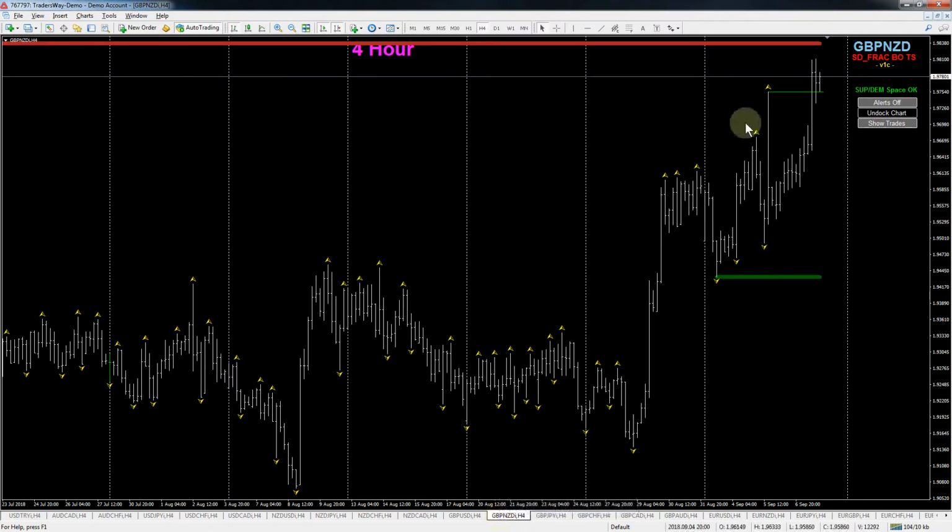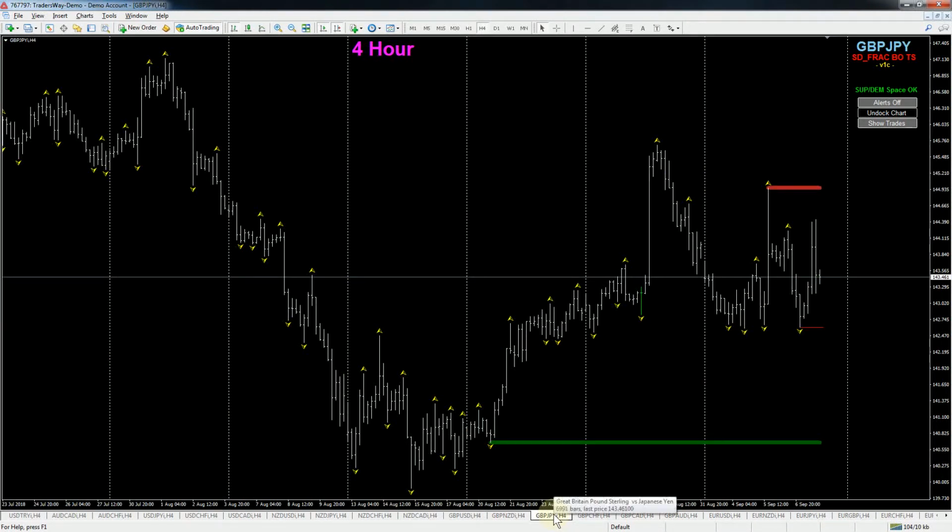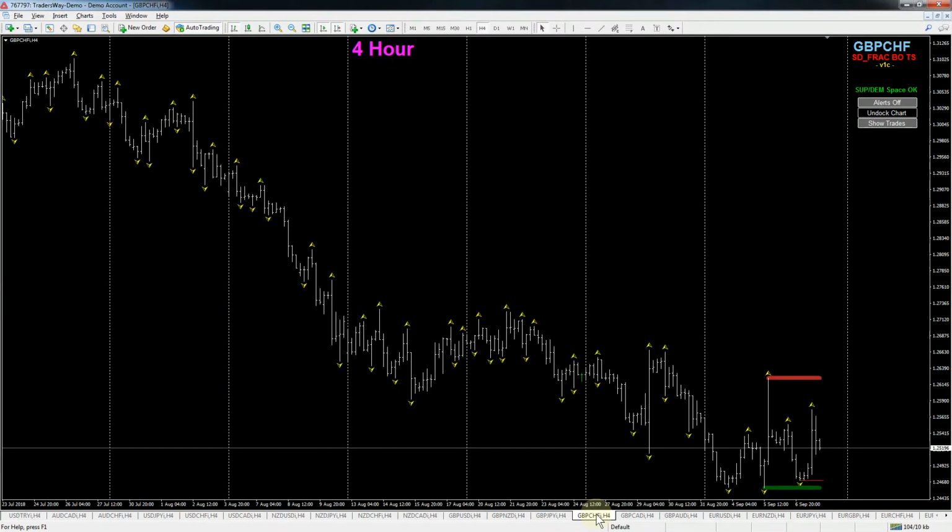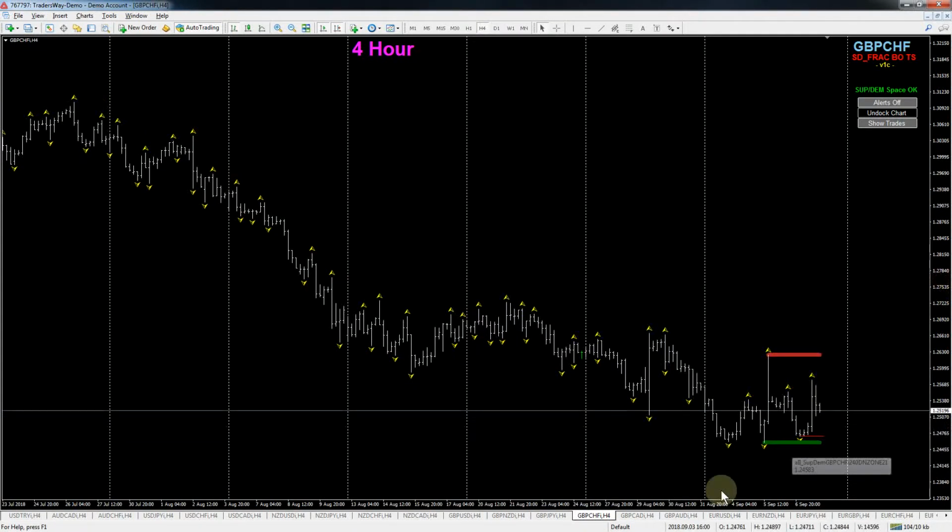Now here's one that's over here signaling, but you may have got a signal off in this one, maybe a signal off in this one here. But this is just something we're playing with, to see what it'll do.